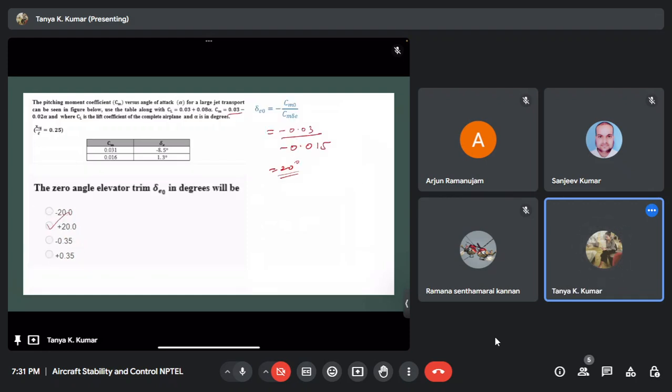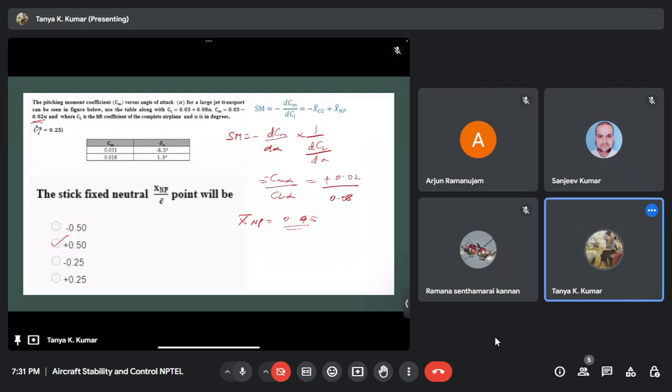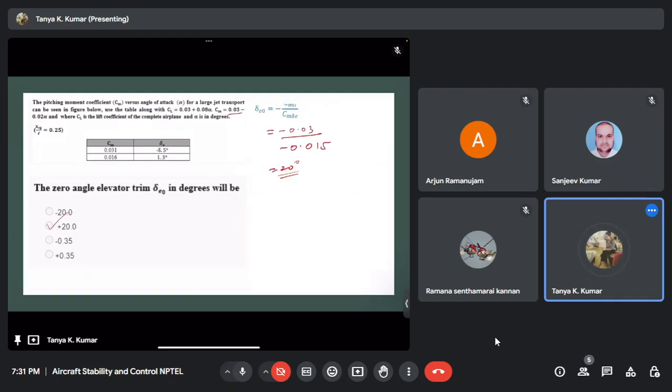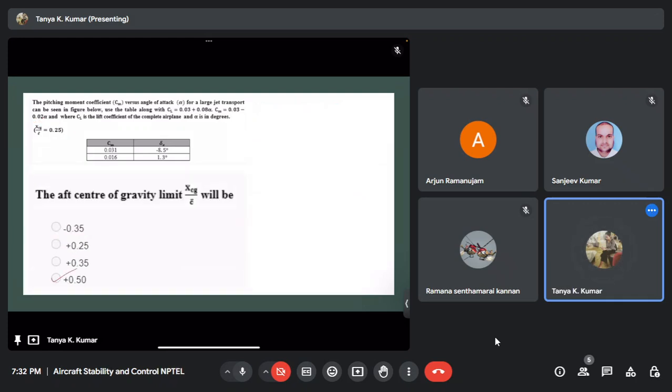So we already found out the neutral point as 0.5. So it will be the same. It's 0.5. So this was the last question for today.